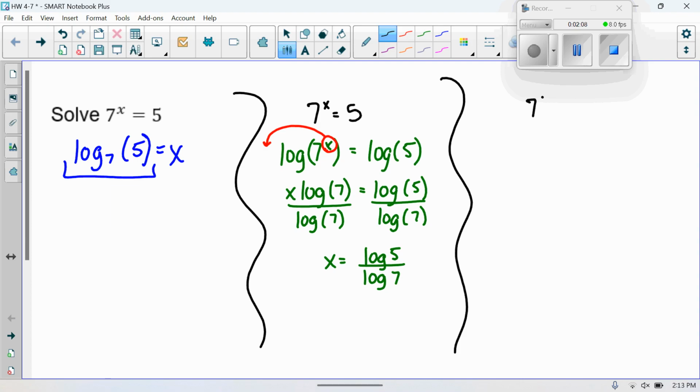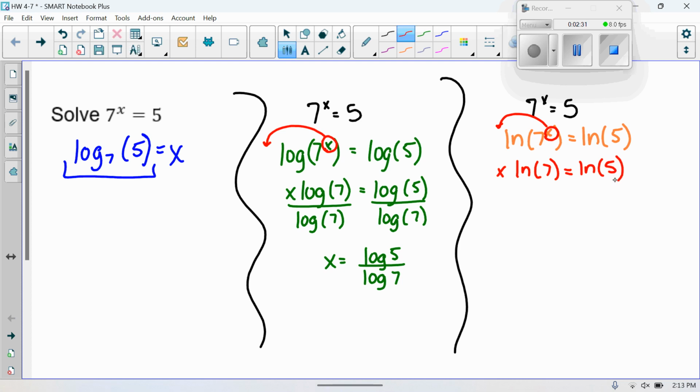So if I had 7 to the x equals 5, I could ln, or natural log, both sides. Once again, as long as I'm keeping it balanced, that's allowed. So I'm going to apply my log rules again. So I have x times the natural log of 7 equals the natural log of 5.